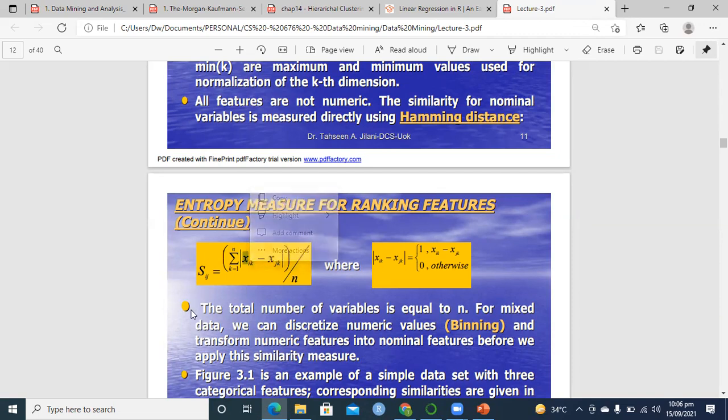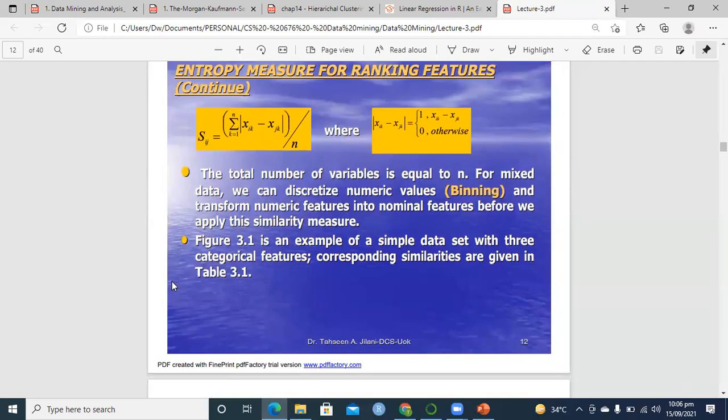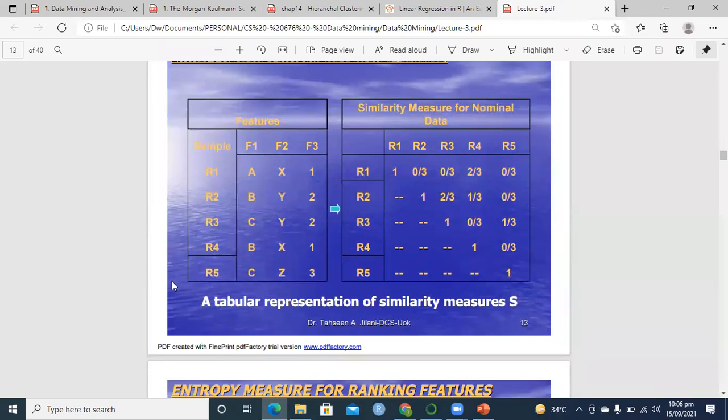K represents the column number, or row number. For example, if you are analyzing columns, then k is the row number, and if you are analyzing rows, comparing rows for similarity, then k represents the column number. So that's it. There's nothing much to explore.